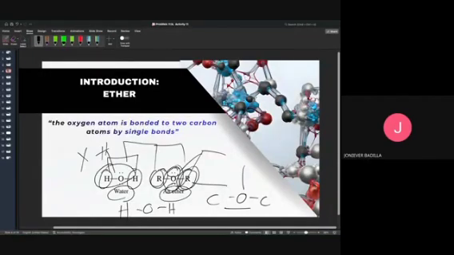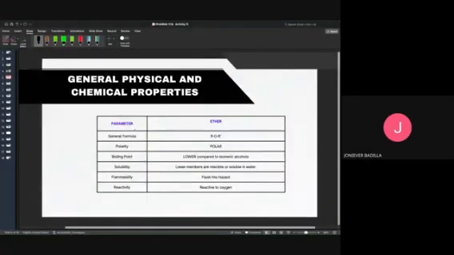Next would be your physical and chemical properties, starting with the physical properties. Let us consider the general representation. That is your R-O-R', and your R and your R' will designate any carbon-containing group, whether that is an alkyl or an aryl group.